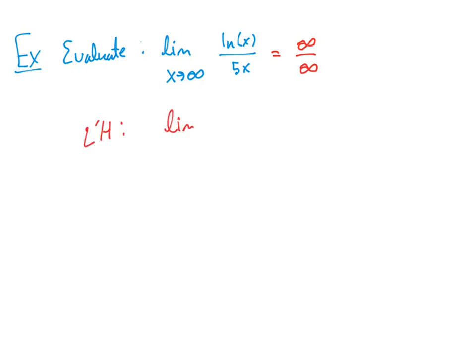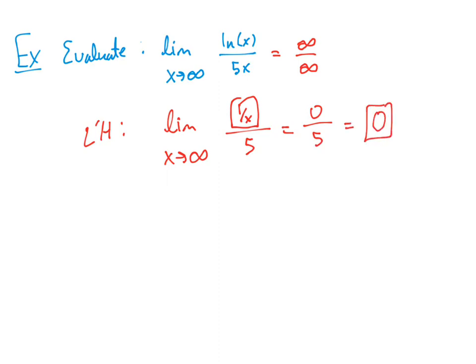So we end up with the limit as x goes to infinity. The derivative of ln of x is 1 over x. The derivative of 5x is just 5. So when we use direct substitution, 1 over infinity here is going to approach 0. 5 remains the same in the denominator, so that is equal to 0 here.